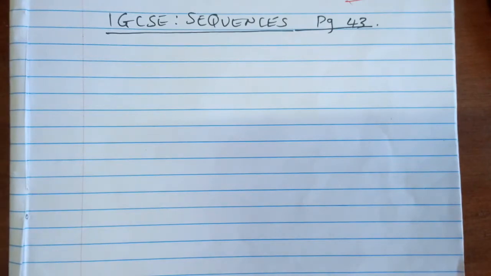I want us to get to page 43 and understand something about sequences. We have to go through the literature on page 43 so that we can understand the learning objectives, the basic principles, and what it is that we are expected to know.